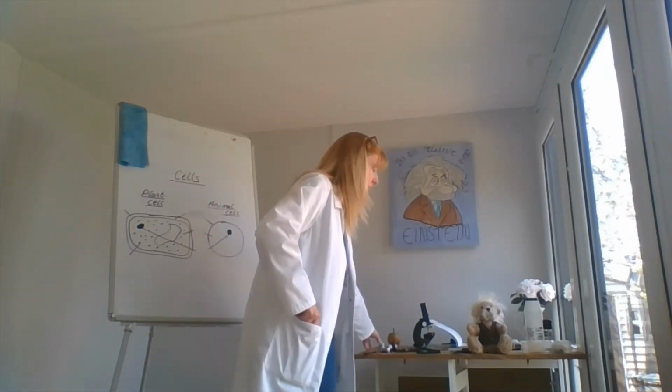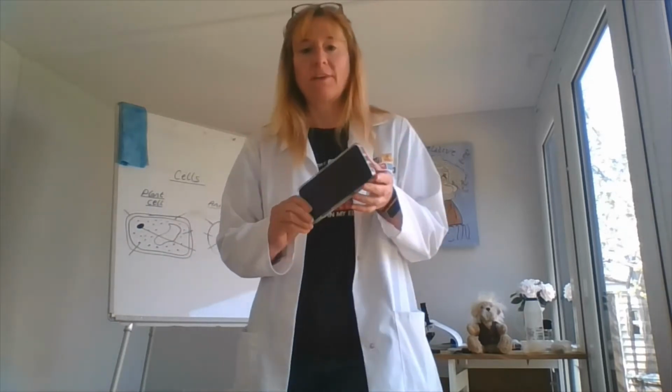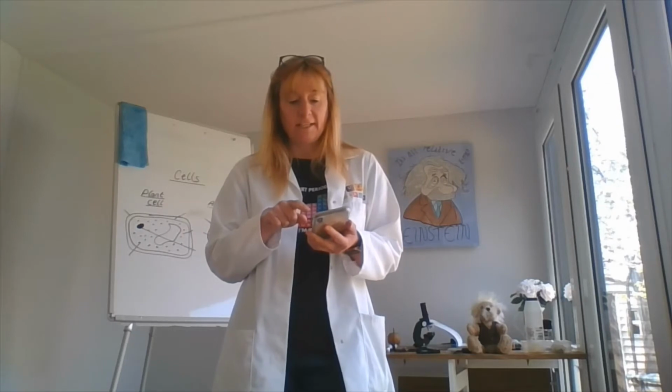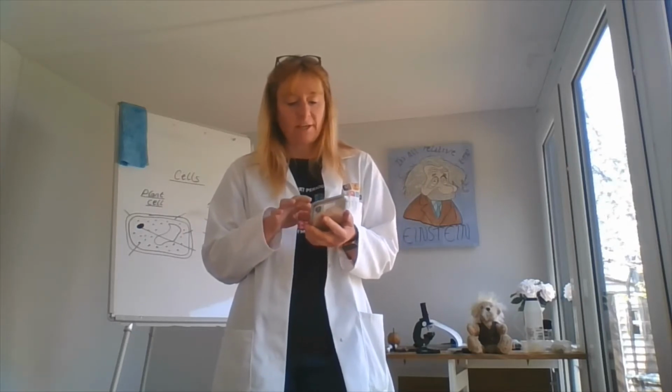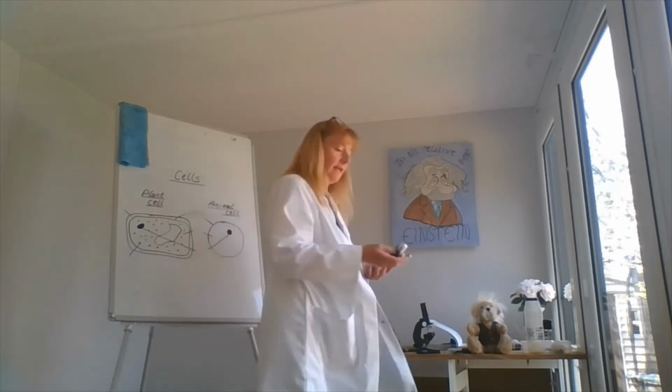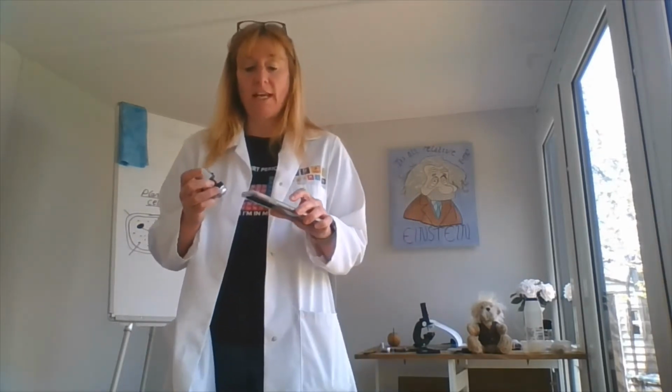But if you don't have one, pretty much all of us have got one of these, a phone. And these are actually really good to use as microscopes. You can buy things that you can clip to your camera lens, just on the back there, on your phone to make it a microscope, which I've got here.